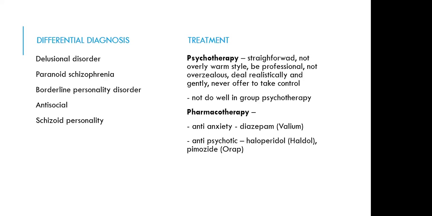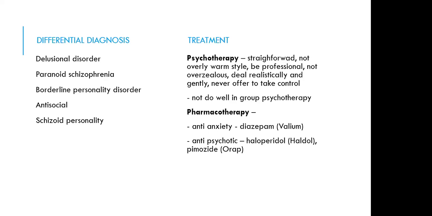And then the borderline personality disorder can be distinguished because the paranoid patient is rarely overly involved in social situations because of the mistrust issue. So it's different from borderline personality.